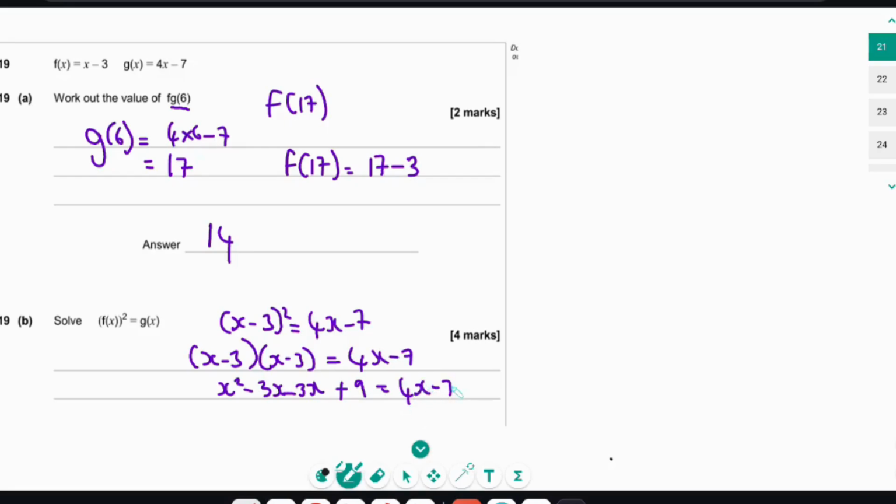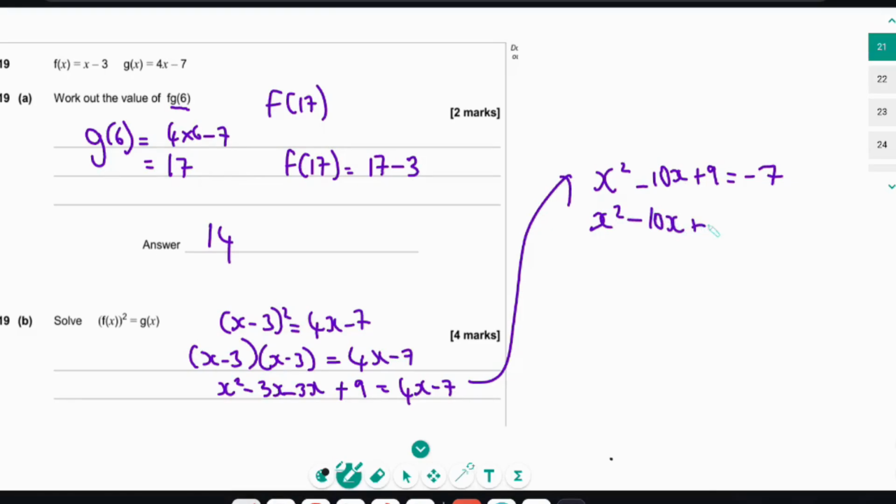A quadratic equation needs to be equal to 0, so I now need to bring everything to the left hand side. So minus 3x minus 3x is minus 6x. I also need to minus 4x on both sides, which gives us minus 10x. Plus 9 is equal to minus 7. Now let's add 7 to both sides.